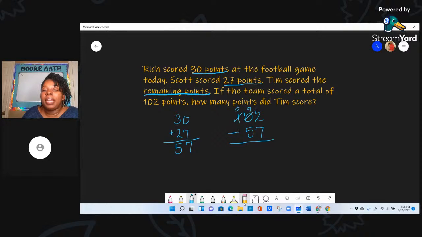So what's 12 minus 7? 5. Good. And 9 minus 5? 4. Good. Okay, so Tim, it wasn't 47, it was 45. So you were close. You got to this point, but just be careful. It was 102 minus 57, which was 45 remaining points.